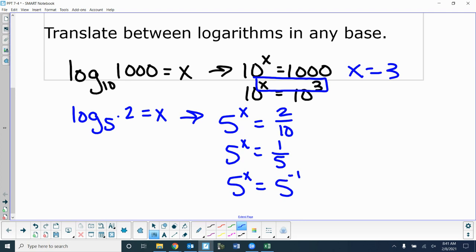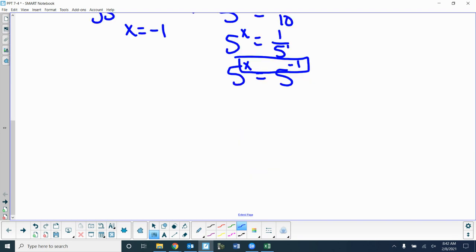Okay, you know there's a 1 here. So if you want to move that out of the bottom up to the top, the exponent becomes negative. So my answer is x equals -1 on this one. Okay, so that's doing it mentally. Today we're going to learn how to do it using your calculator.